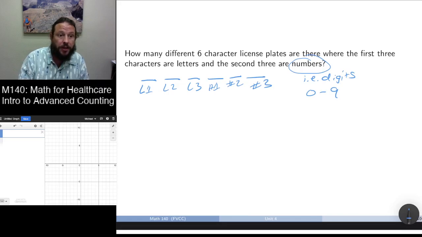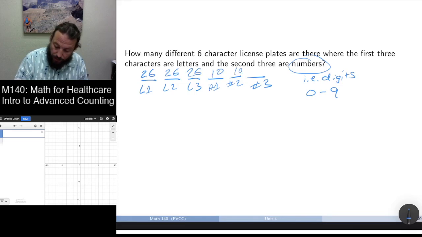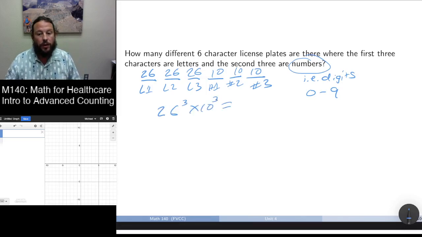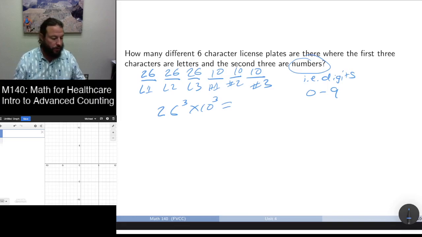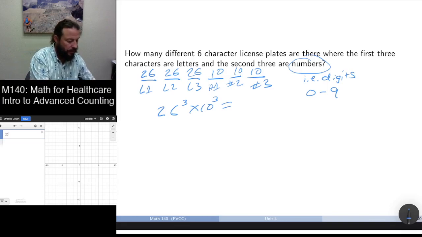So let's see here. How many letters do we have? We don't know how many letters are in the English alphabet. There are 26. You can look that up if you need to. So 26 for the first, 26 for the second, 26 for the third, and then 10 for each number. And we get 26 cubed times 10 cubed. In GeoGebra, I'm just plugging that in. Nothing fancy here. It's okay if you can't see my GeoGebra window too well right now.